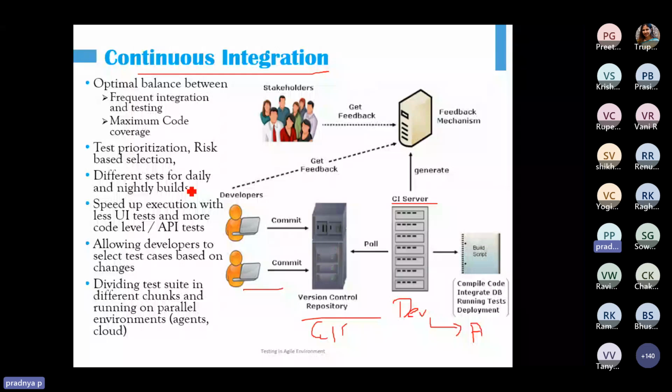Can we do parallel testing so that we will be able to test on multiple environments, and at the same time, because of the parallel testing, reduce our amount of time in testing? All those aspects are very essential to think about when we are doing the automation and linking it with continuous integration. And this is very, very specific to Agile, right?